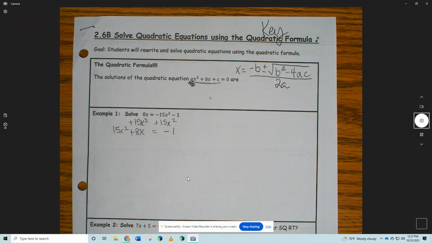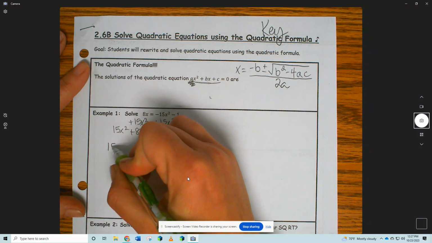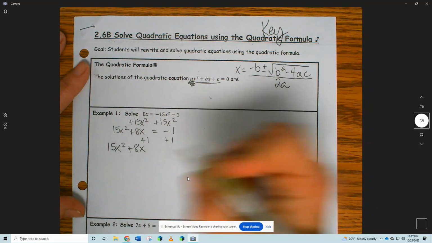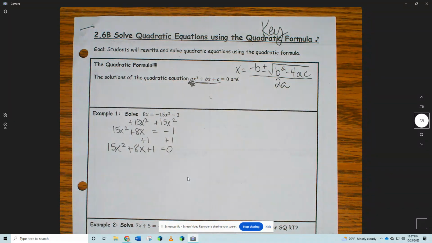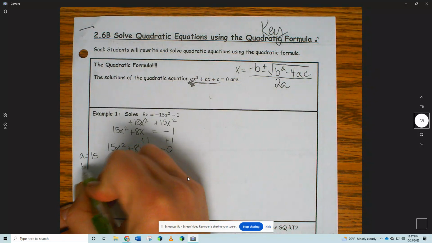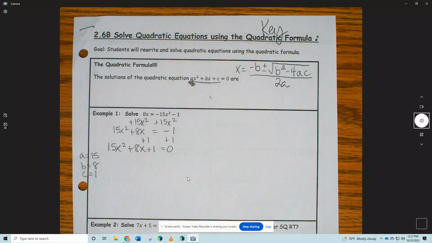I'm not there yet. Tell me what to do. Add 1 to both sides. Now these are all not like terms, so you're not going to be doing 8x plus 1 or anything. Keep it separate. And now that everything's on one side, now I can begin. So a equals 15, b equals 8, c equals 1.